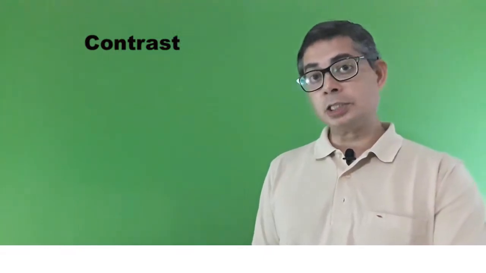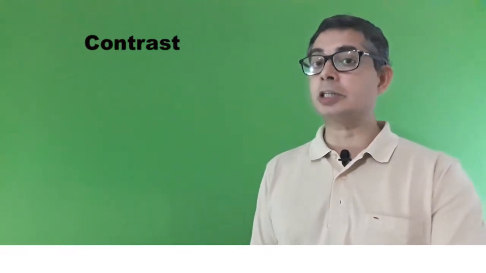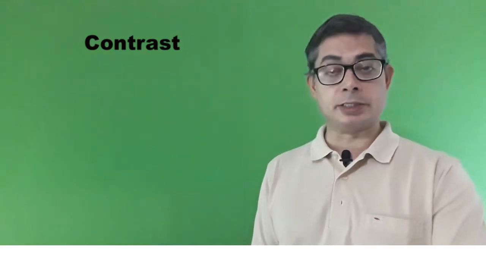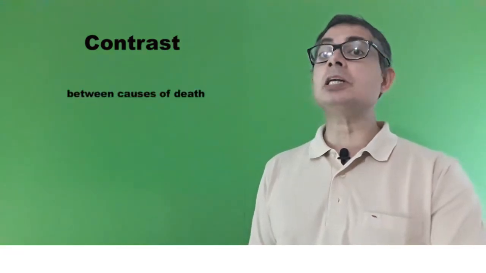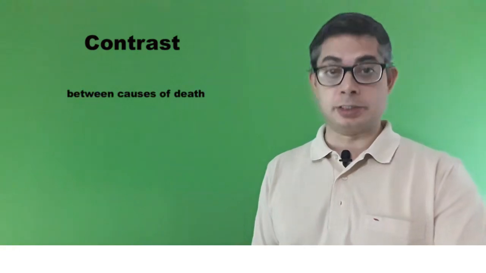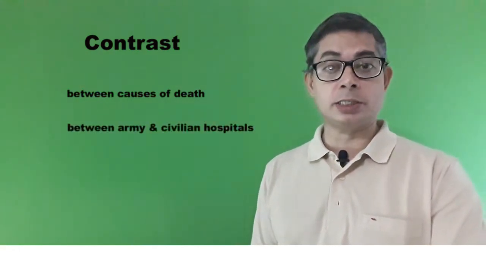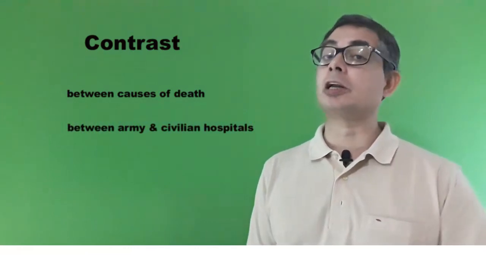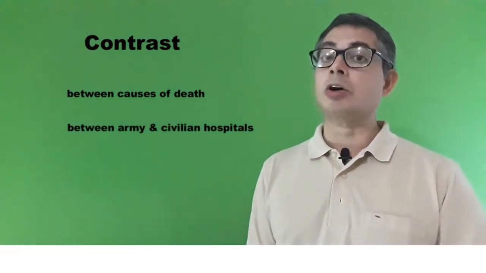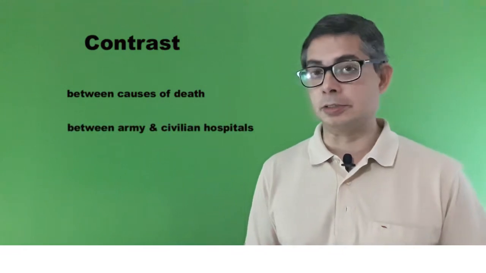The next point was that of contrast. Well, in her charts, Nightingale presented two different contrasting pairs. First, between the different causes of mortality, and then between mortality in the army hospitals and that in the Manchester hospitals. Contrast appeals to the human mind.